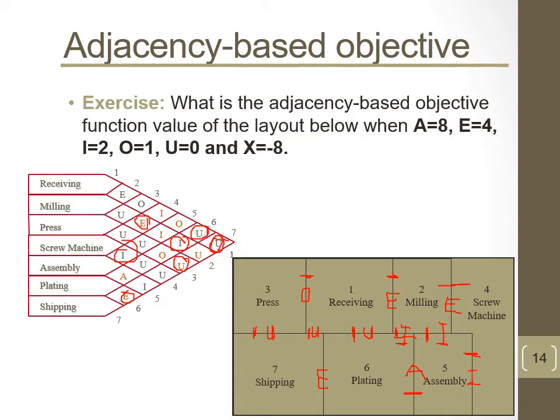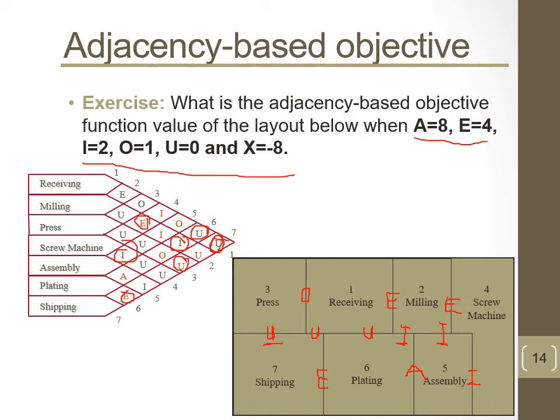Okay, now we have identified the relationships and the adjacencies. Let me delete these extra ones. Okay, and there was a U relationship here as well. Now how do we calculate the adjacency-based score? We will basically use these numerical values, and we will assign these numerical values to each one of these.